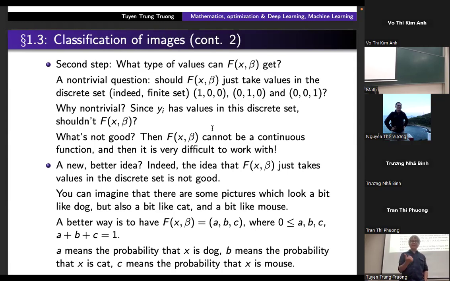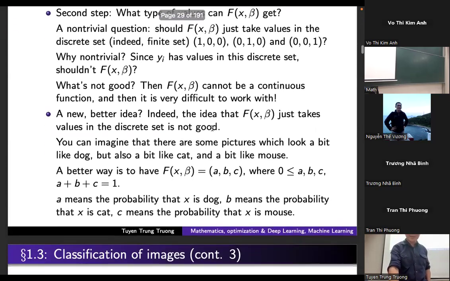For example, if you get 0.5, 0.4, 0.1, what does it mean? You think this picture has a 0.5 probability to be a dog, 0.4 to be a cat, and 0.1 to be a mouse. If you need to give only one answer, you will say this is a picture of a dog, because 0.5 is the biggest number.